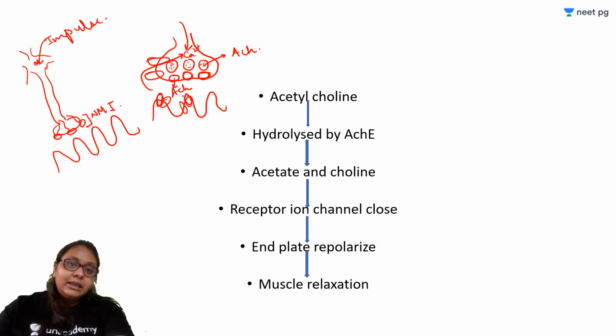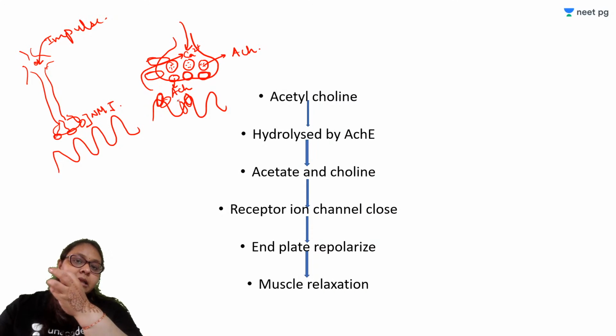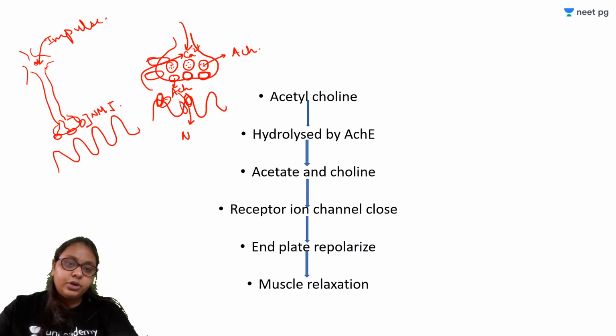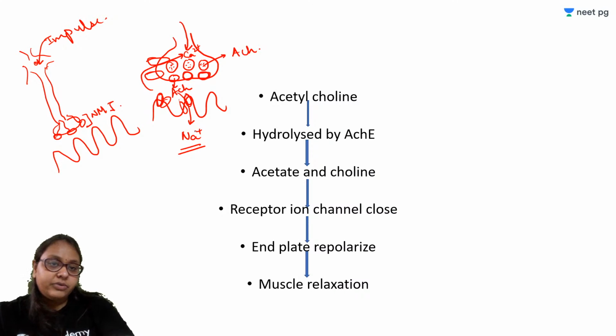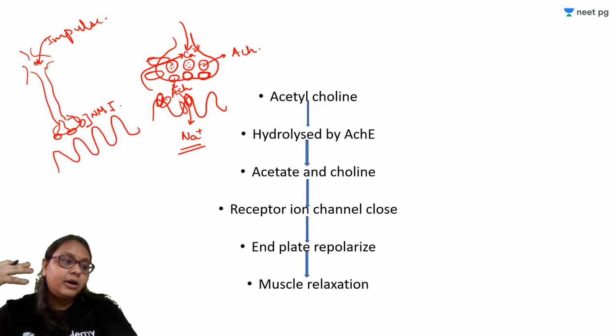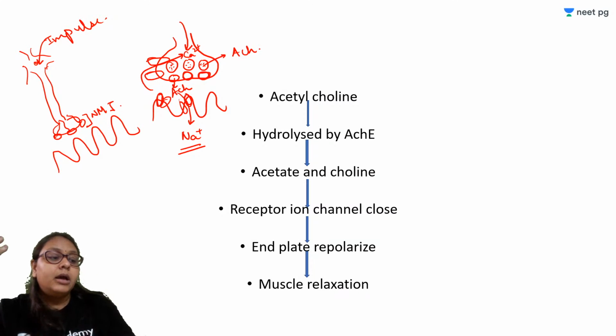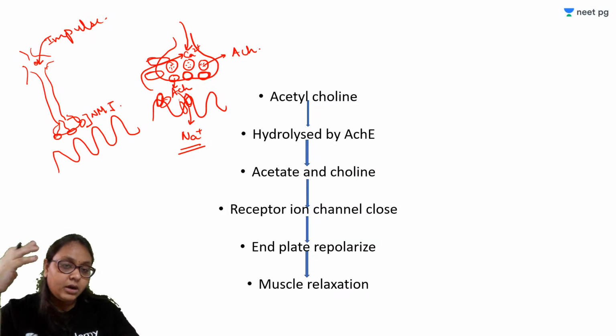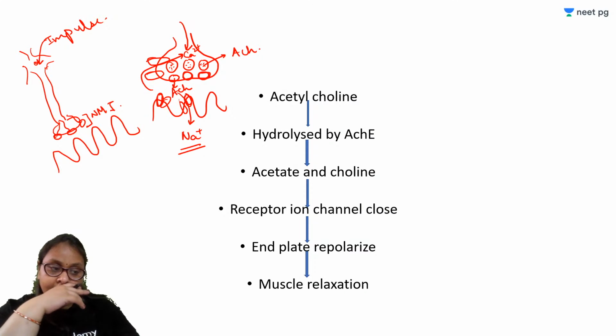When they react, there is a configurational change in the acetylcholine receptors, and there is opening of the sodium channels. The influx of sodium takes place, and therefore action potential is generated and the nerve impulse is conducted. Is it clear?